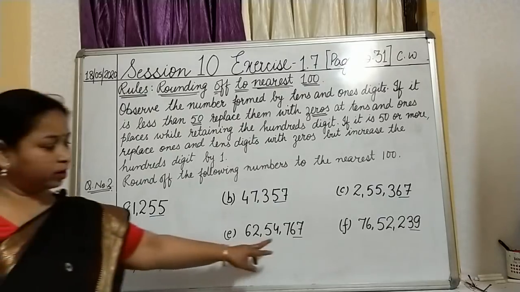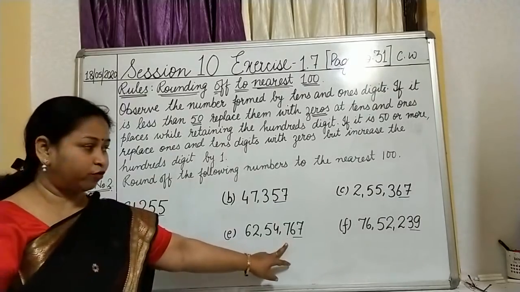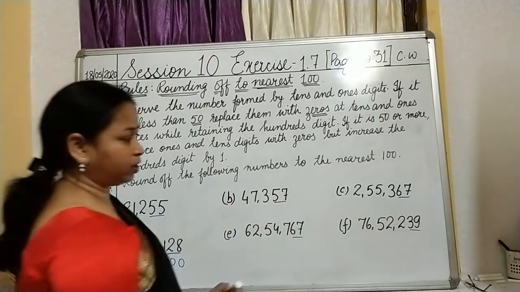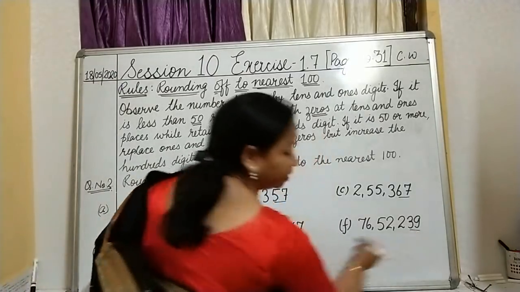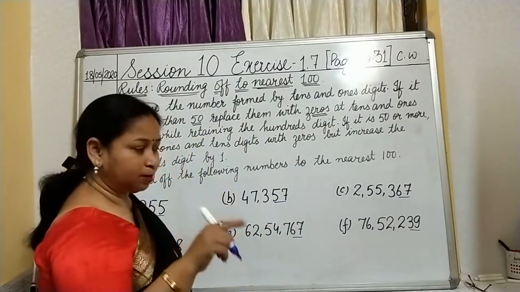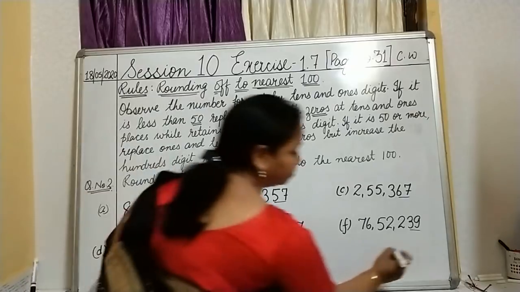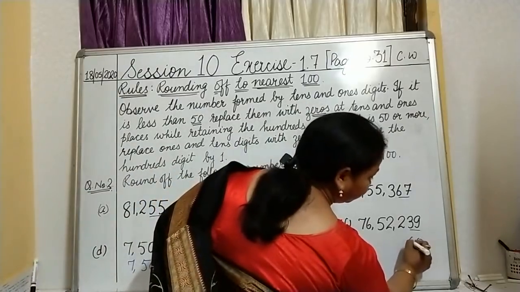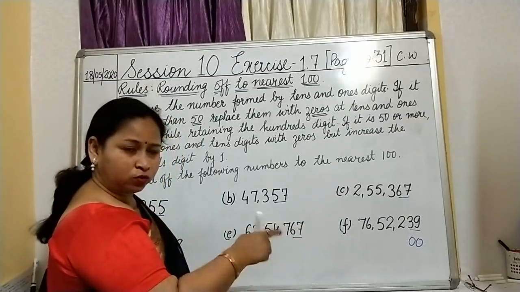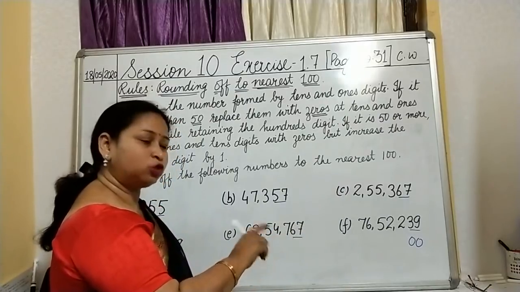Move on to the next one, 67, which is more than 50. So we are left with the question number F. So it is less than 50. 39 is given. What we will do? We will just replace 39 by 00. Now what? 2 is at 100 place. So will it be 0 or 2 over there? 2.